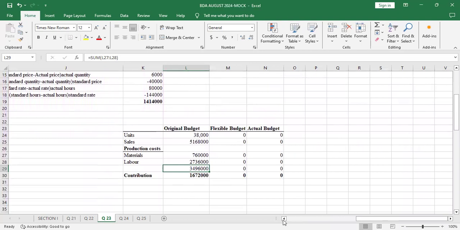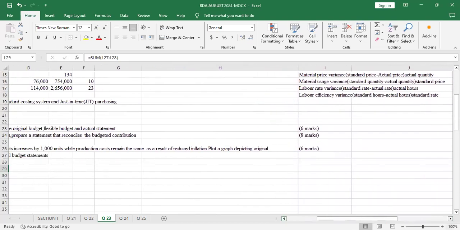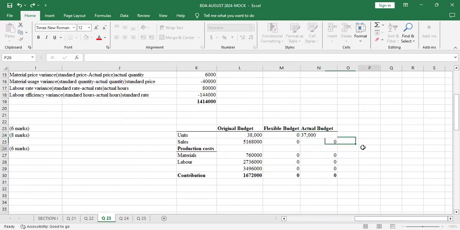We are told that it's the actual units that increased by 1,000 units. We had 36,000 initially, but now it increased by 1,000, so we are going to have 37,000 units here. But we are told that the production cost did not change.